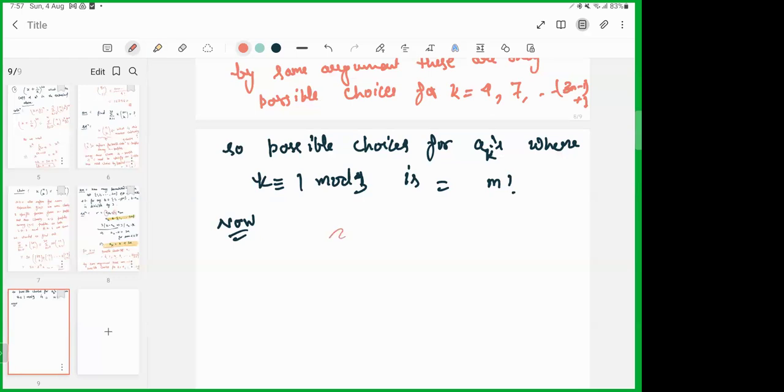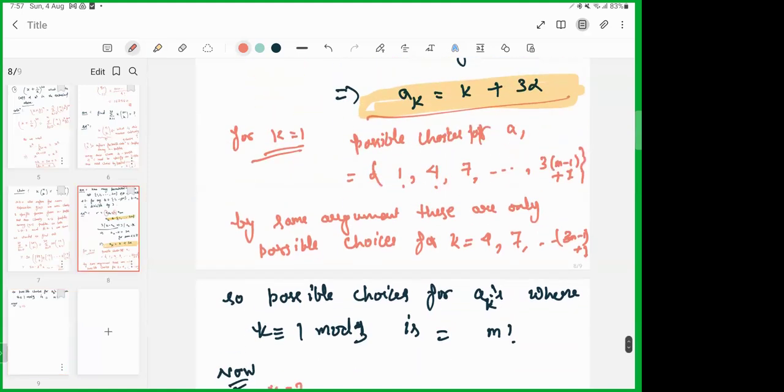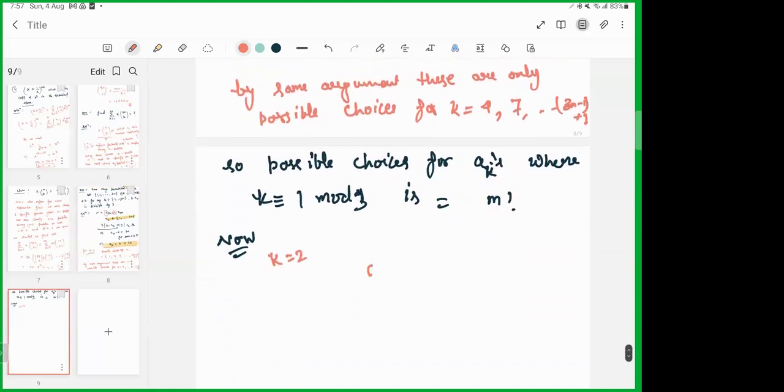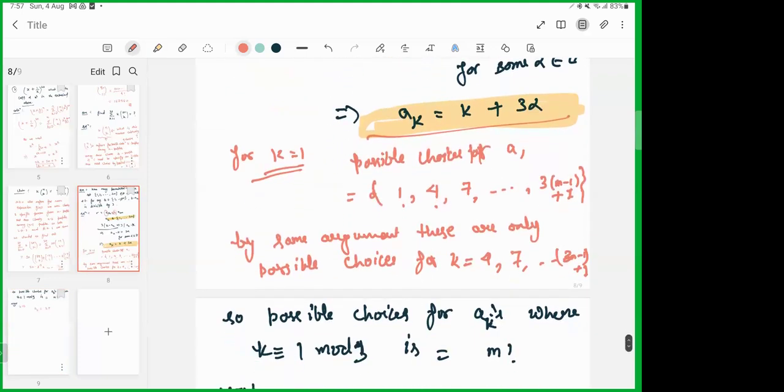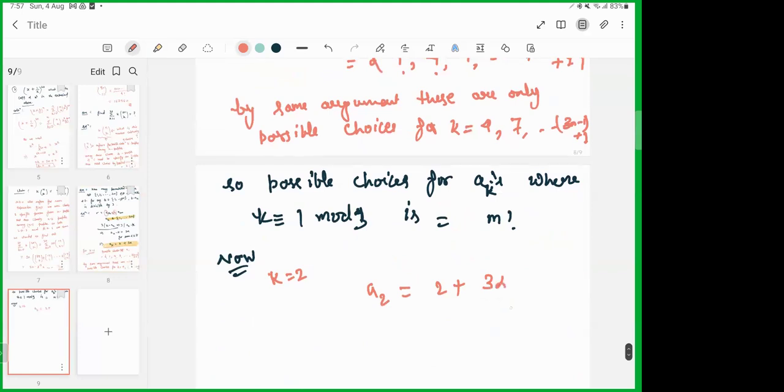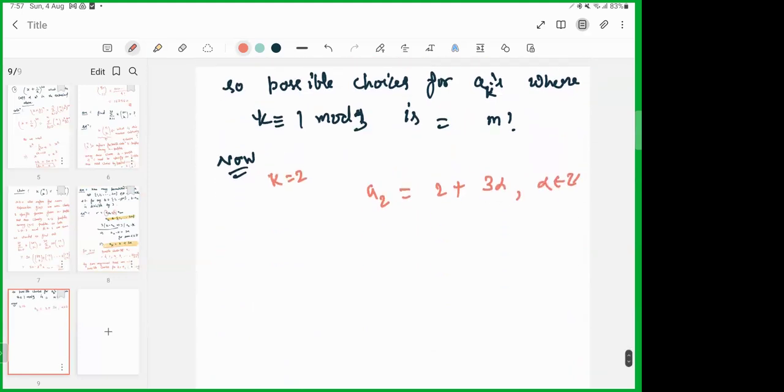Now similarly, what about k equals 2? For k equals 2, by this expression A2 will be of the form 2 plus 3 alpha, where alpha belongs to the integers. This number A2 belongs to 1, 2, up to 3m. So what are the possible choices for A2?